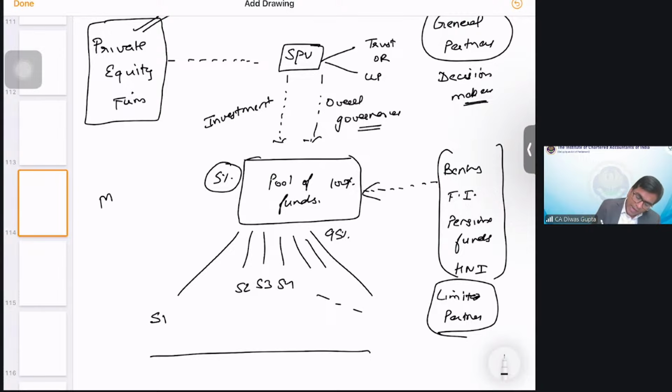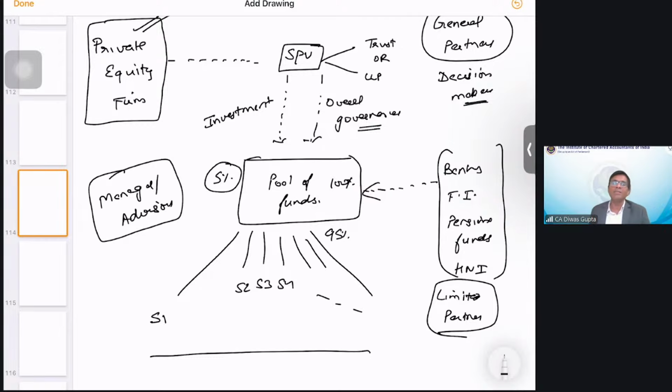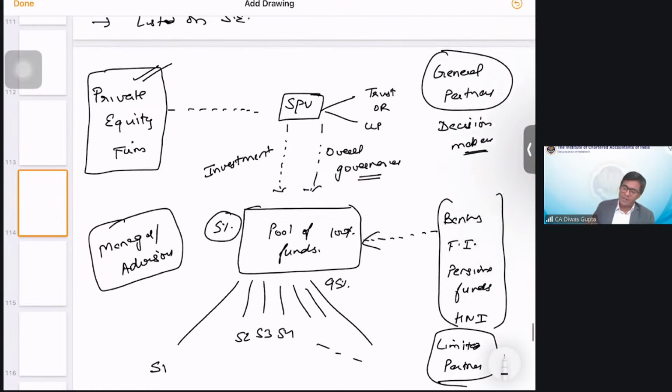And for doing this, they will also appoint a manager slash advisor whose role and responsibility will be to recommend to the general partners or decision makers about these startups, and hence to get the funds into those startups.